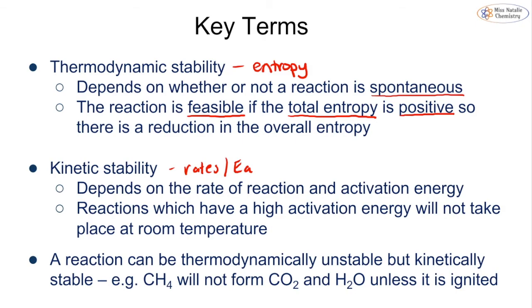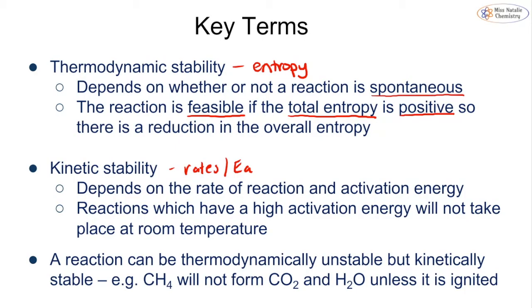However, it is a kinetically stable reaction because it's a high activation energy. So we do need to put in a bit of heat or ignite it in order to overcome the kinetic stability. But once we do that, it is a thermodynamically feasible reaction.